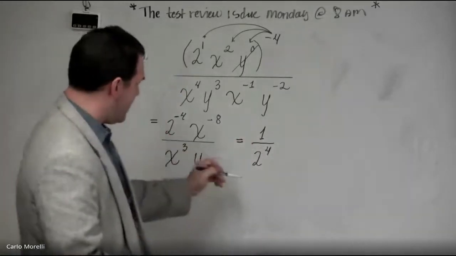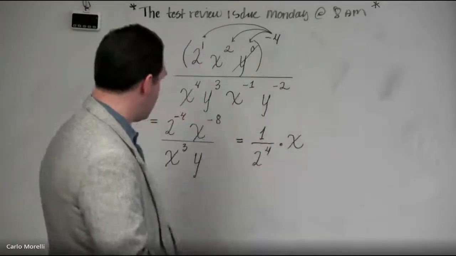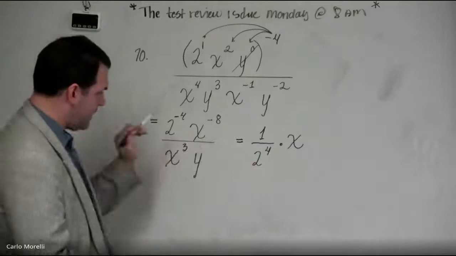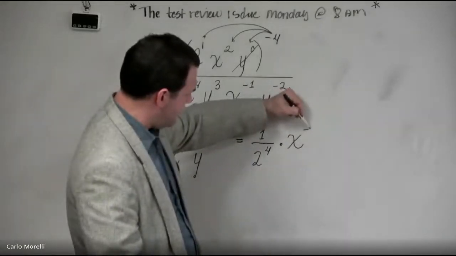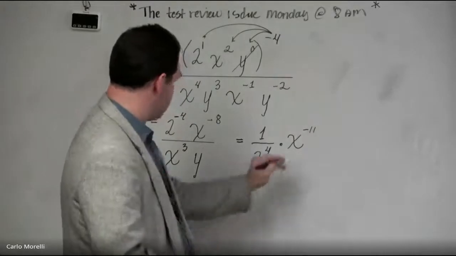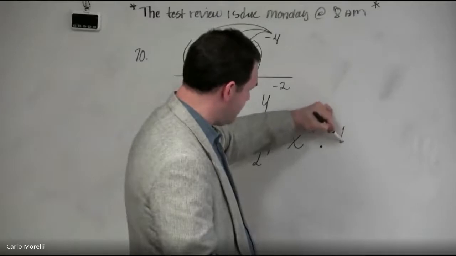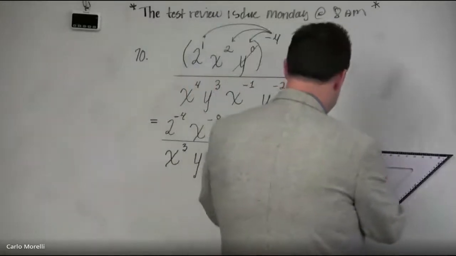And now I have x raised to the power of negative 8 minus 3, which is negative 11. And then I have 1 over y, because that y was just hanging out in our denominator.